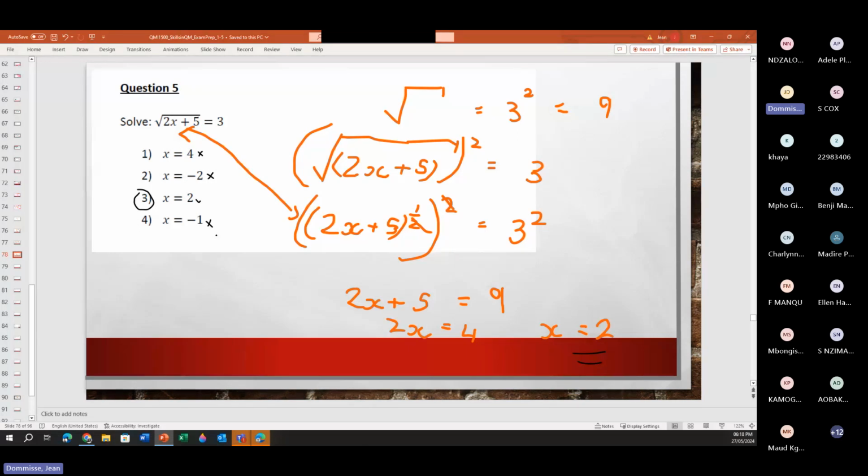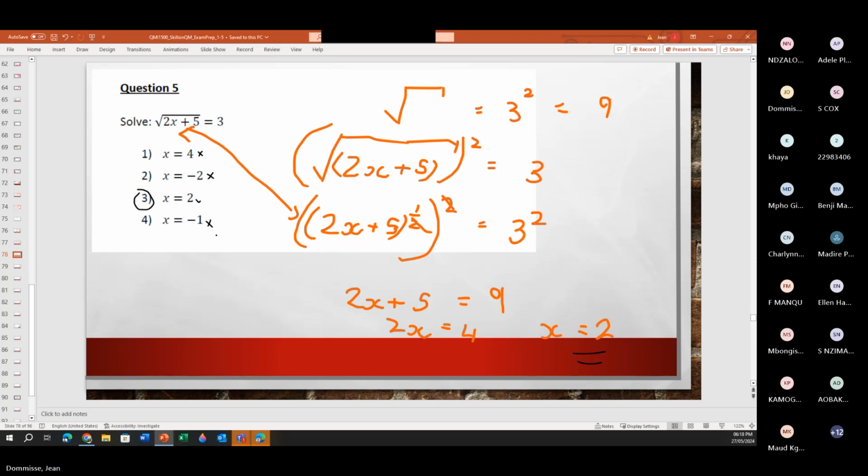So wherever they give you x is equal to, you can always replace it in the original formula to see if it works.